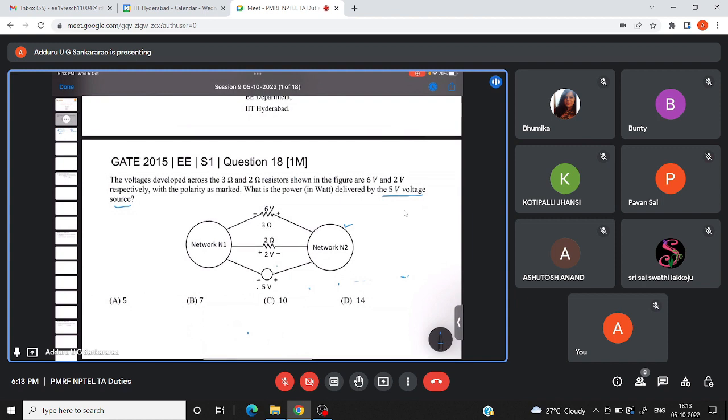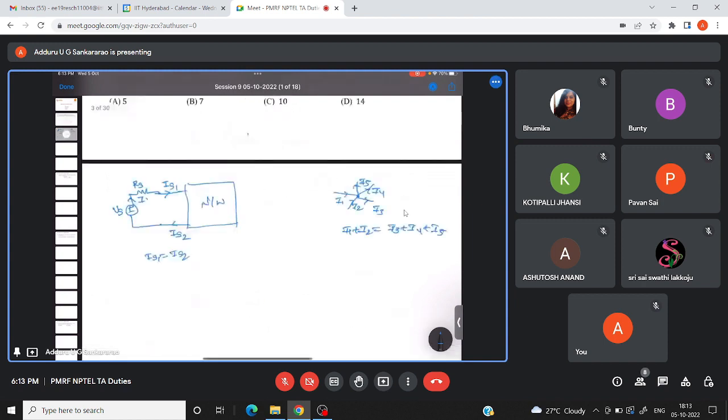Let us say we have some resistor with a current going through it. A resistor always dissipates energy. So what are the polarities of the voltage across the resistor?